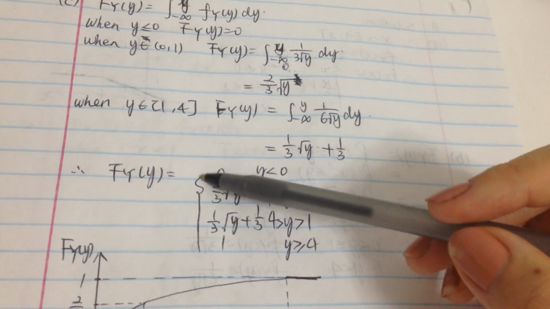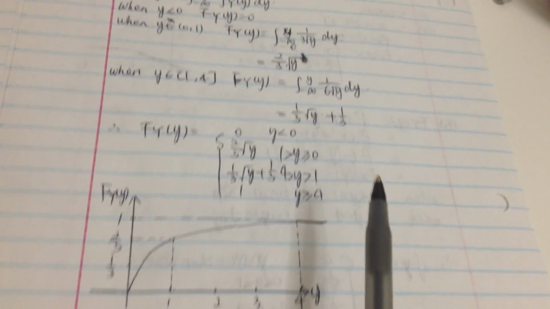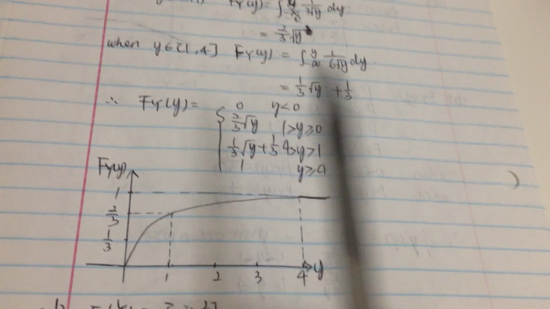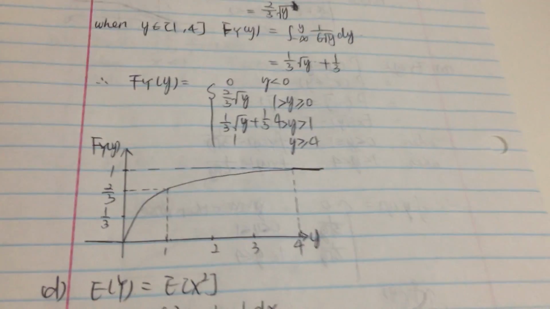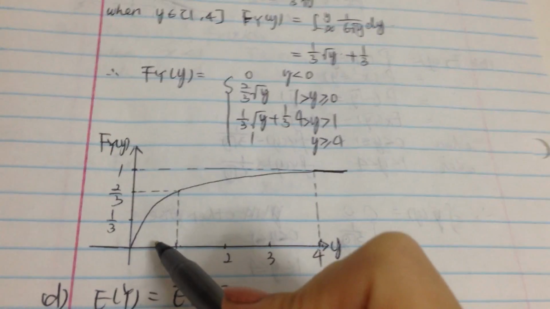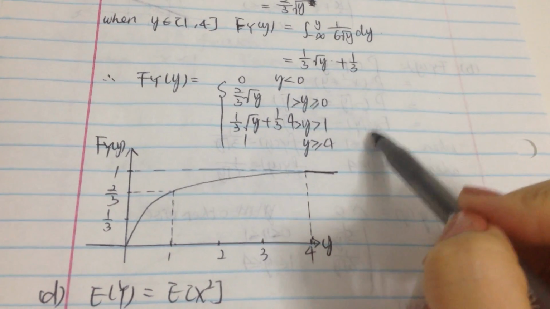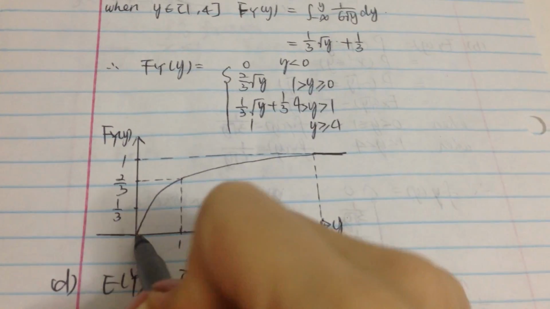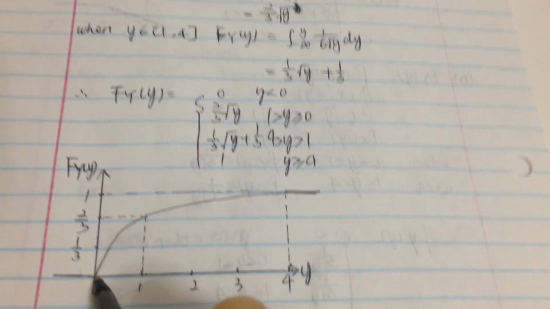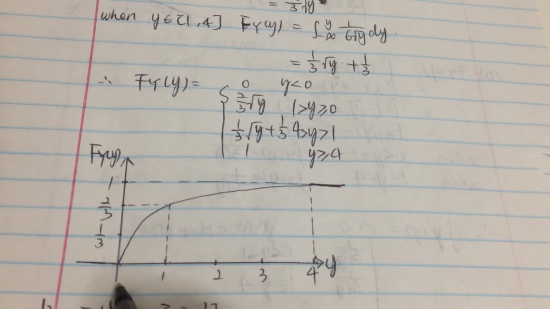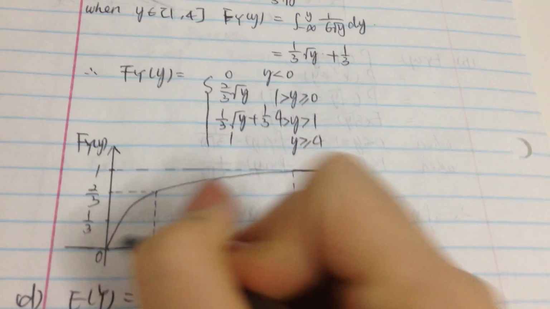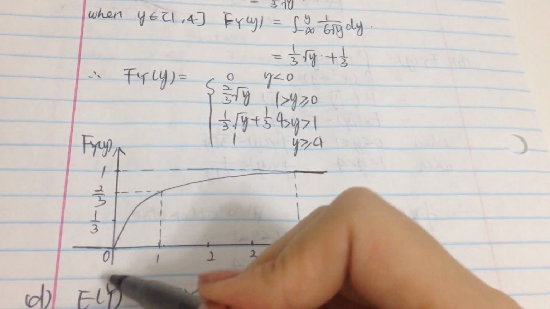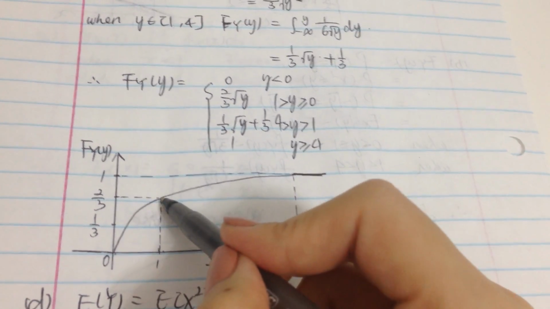Later, we could get the distribution function of y, and here is the distribution function of y. We need to draw that. Obviously, it could be divided into 4 parts. If y is smaller than 0, it would be 0. If y is in the range from 0 to 1, we should use this function, this part.